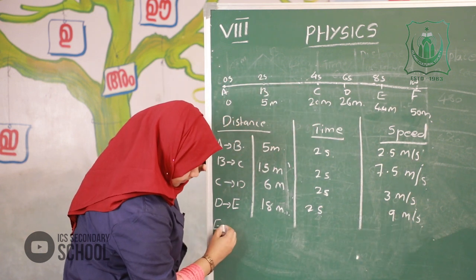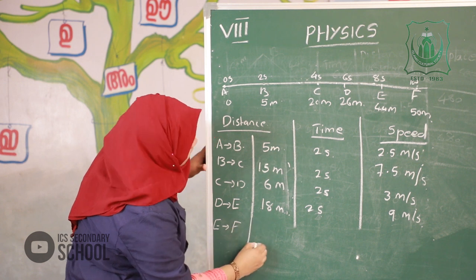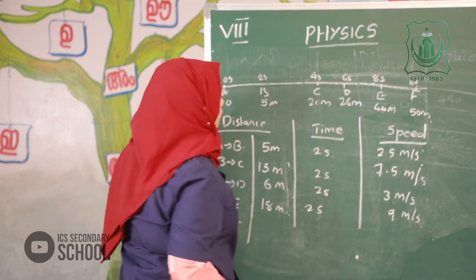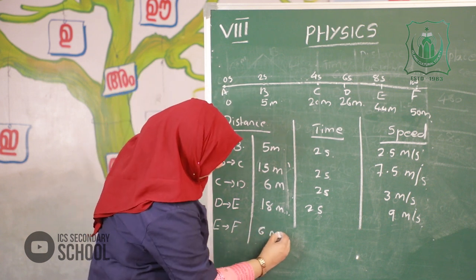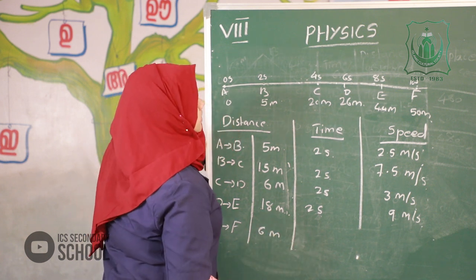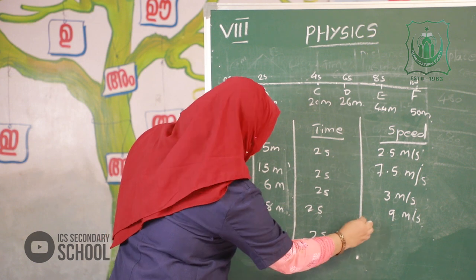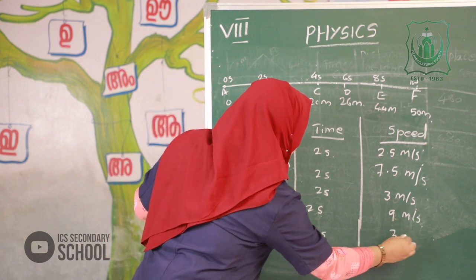Then E to F, 44 to 50 or 50 minus 44, we get 6 meter. Time 2 seconds, 6 by 2, 3 meter per second.